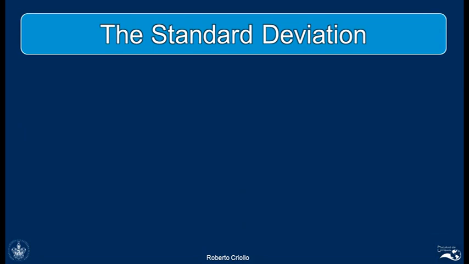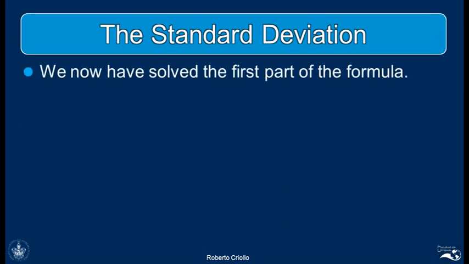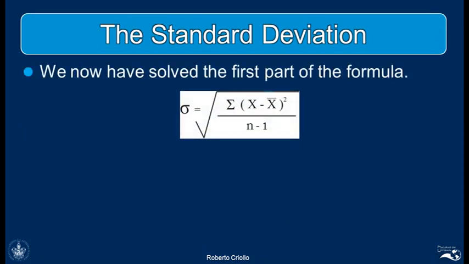So we have already solved half of the formula. This is the part that we have done: X minus the mean squared. Now we need to take the next step, which is to add all of these values. This little symbol that looks like a capital E is the mathematical symbol that means addition.